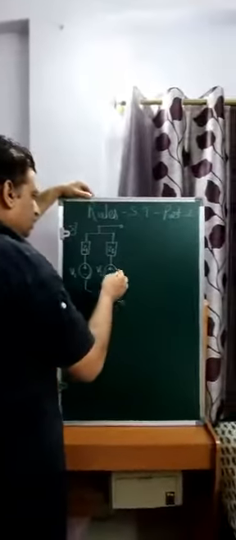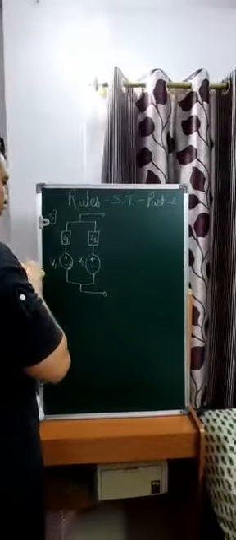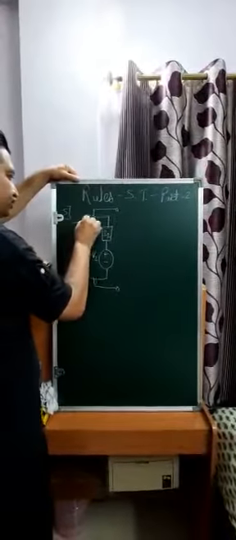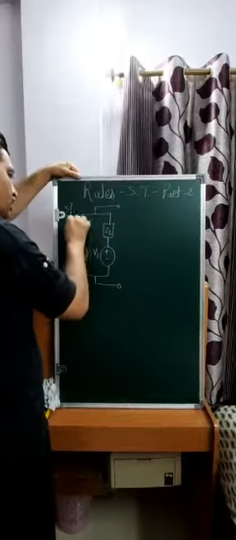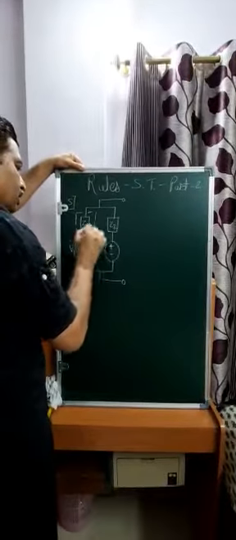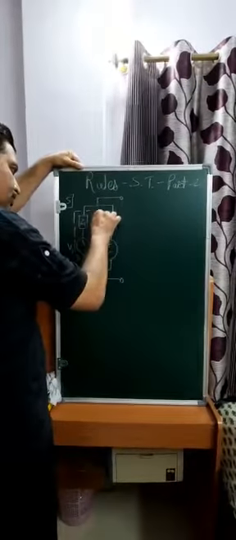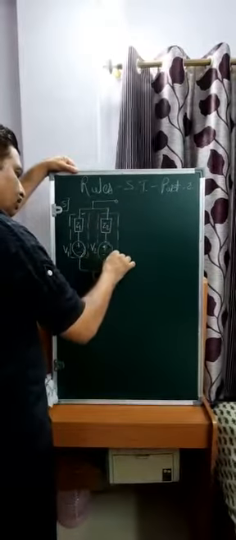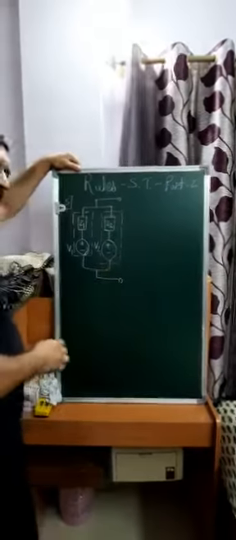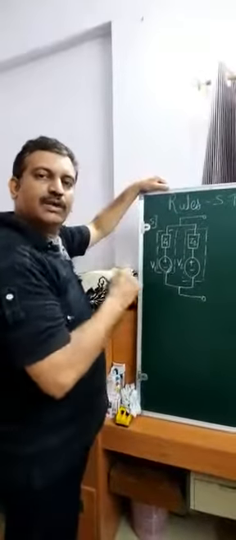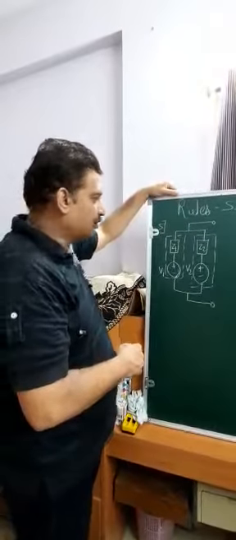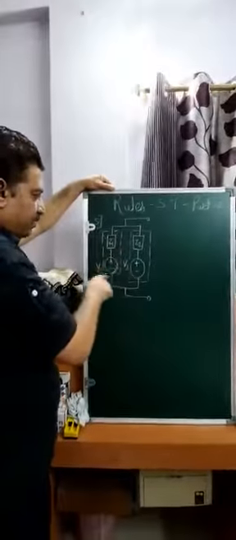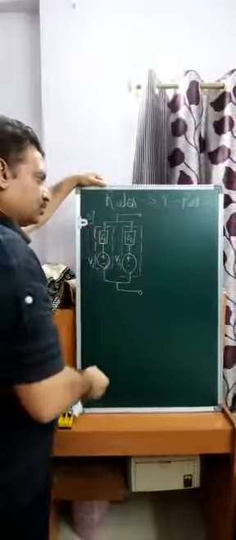First, convert individual voltage sources into current sources. Like first convert the first voltage source into the first current source and then convert the second voltage source into the second current source. So if I convert this V1 Z1 into a current source, what do I get?